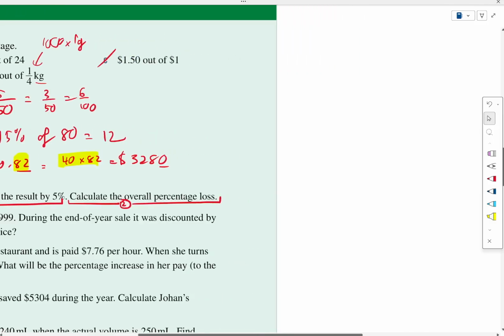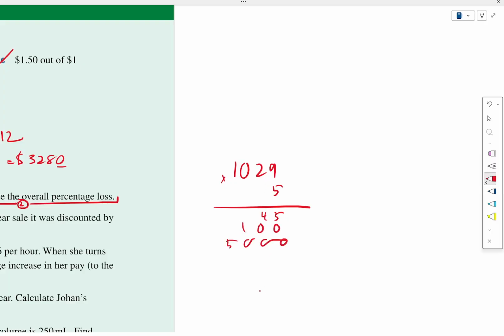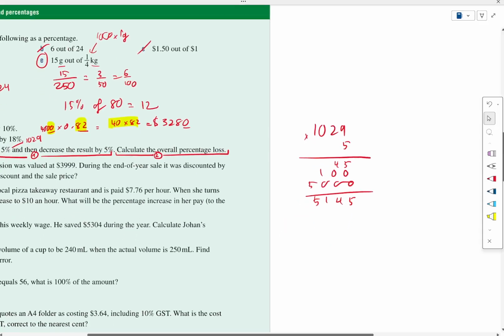So here, we'll work on the side. Have a look. You get it now? Yeah. So you can write it as 45, and then 20 times 5 is 100, and then that's 5,000. So 5145. Yes. So that's just a mistake. So 10.29 times 5 means it's 51.45. And when you subtract it, it would be 977.55.